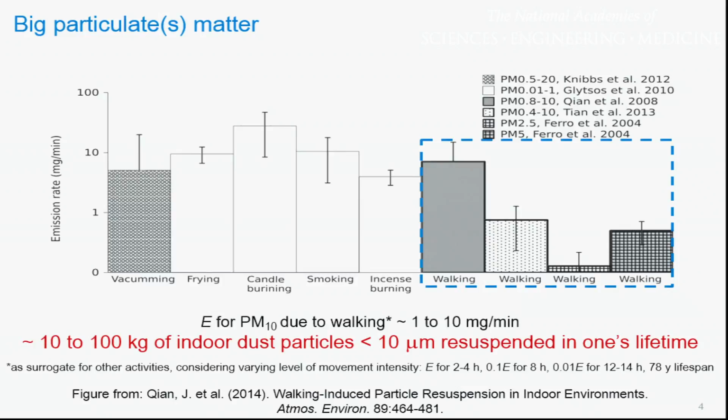To put that in perspective, I estimated, based on typical activity patterns, that this would correspond to 10 to 100 kilograms of dust that you may resuspend over your lifetime. So that's a significant mass of dust that's being aerosolized just due to walking or other movements.